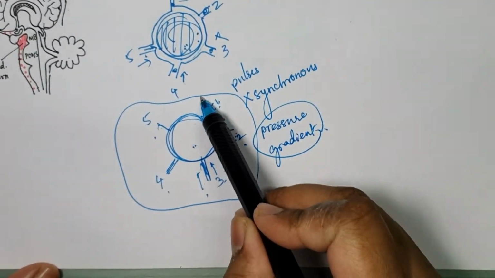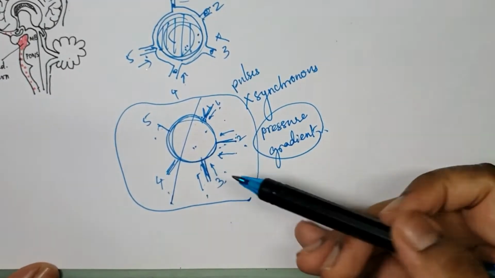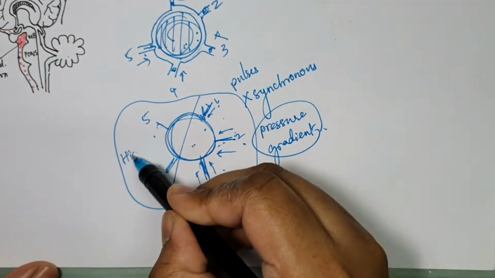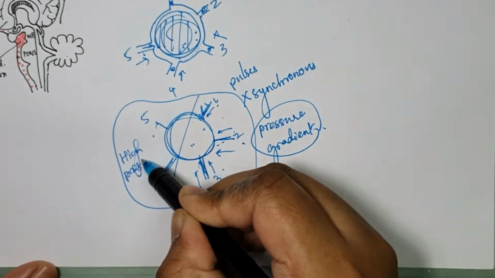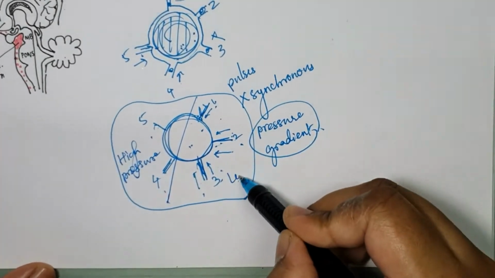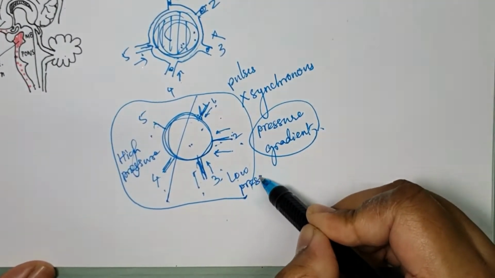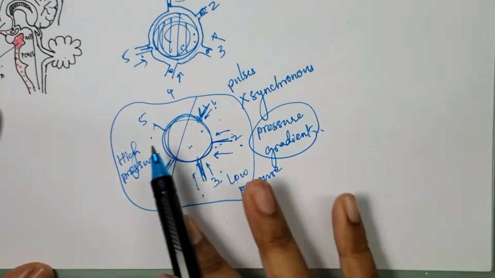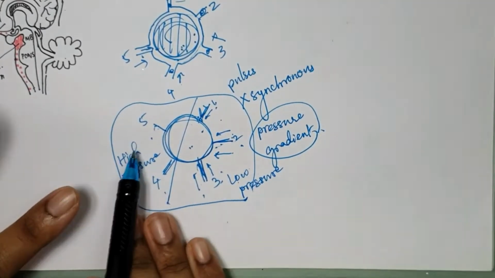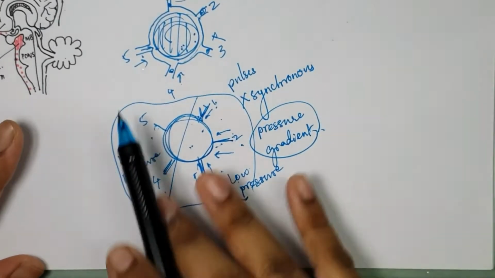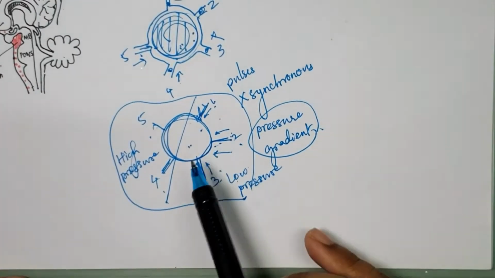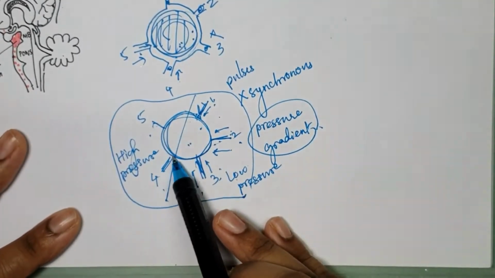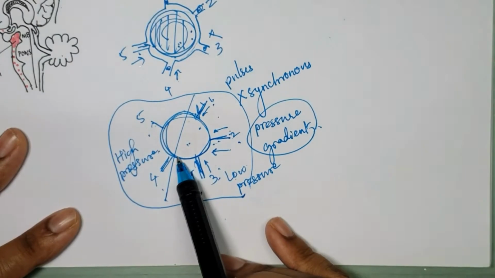So there will be a part of the circle or the anastomosis which will have a high pressure, and the area which might be low. This does not mean that this is how it looks. This is not the high pressure area and the low pressure area. This is just an example. So there's an area with a high pressure of blood, there's an area with a low pressure of blood.